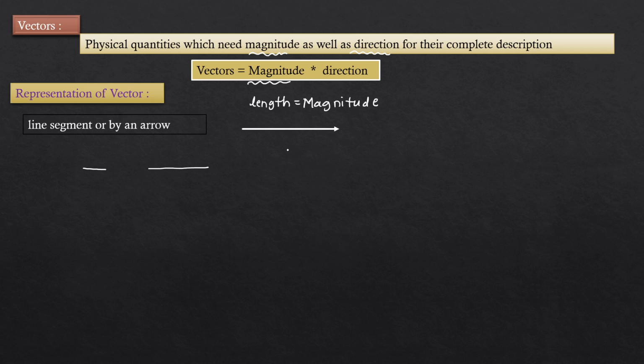This is also a vector, this is also a vector. To remember, vector को arrow से represent किया जाता है, because an arrow gives you your direction. मतलब ये vector is going in this direction, this vector goes in this direction. So the arrow gives you direction.